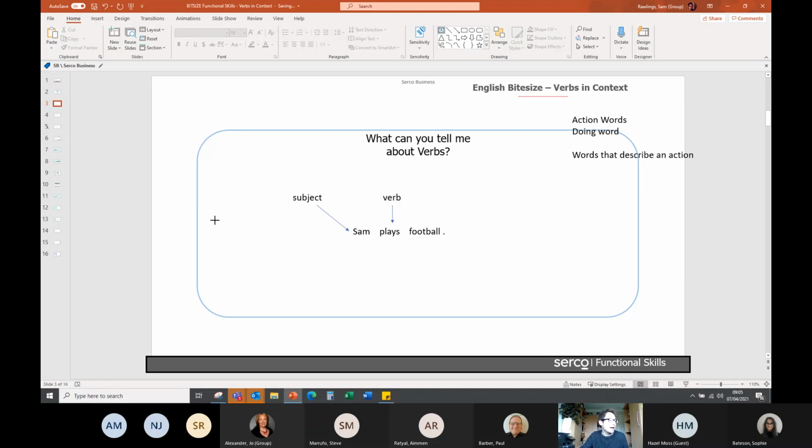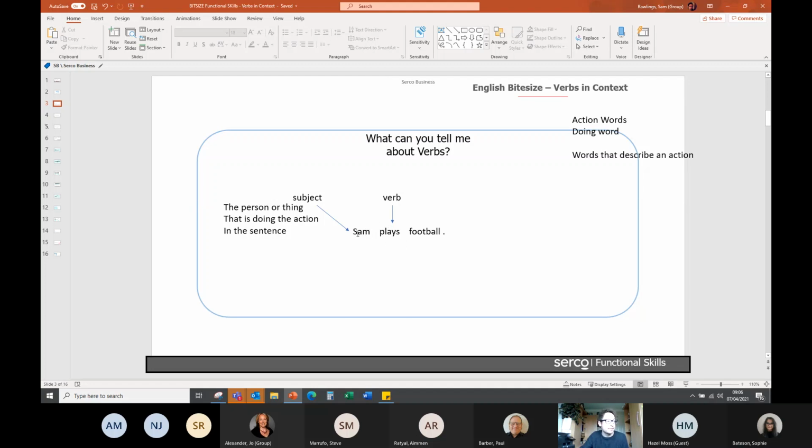The subject is the person or thing that is doing the action in the sentence. So Sam is doing the action, and our verb is the action itself. So Sam plays football.